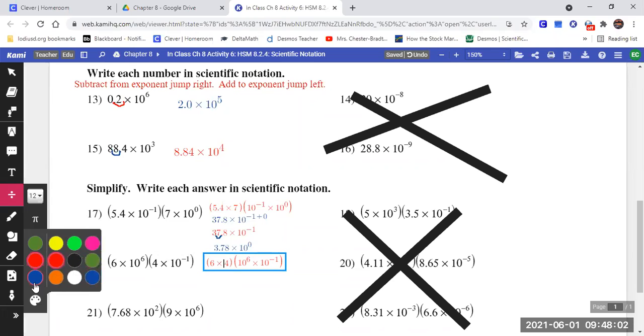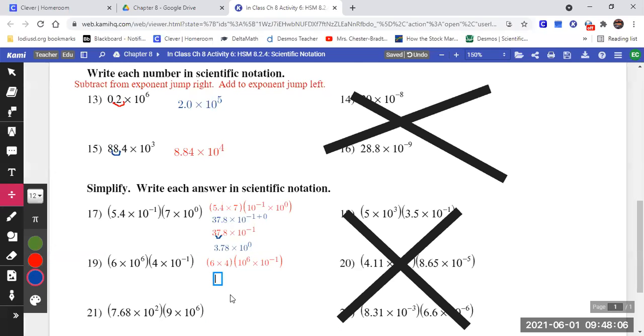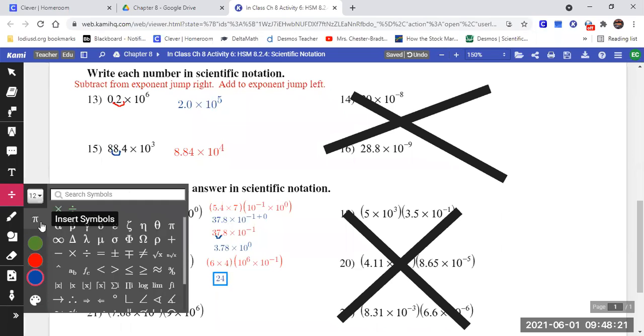So I'm going to rewrite. I'm going to multiply the 2 numbers together. What do I get? 6 times 4 is 24, times 10 to the, add the exponents, right?